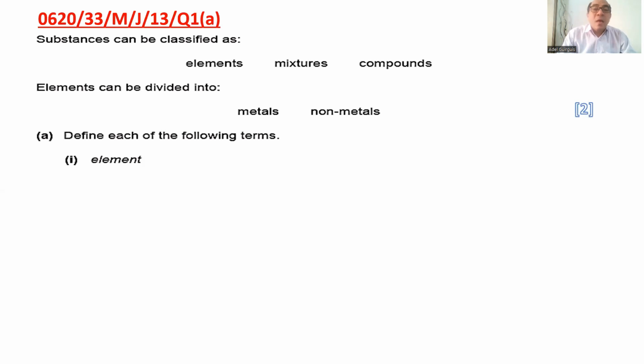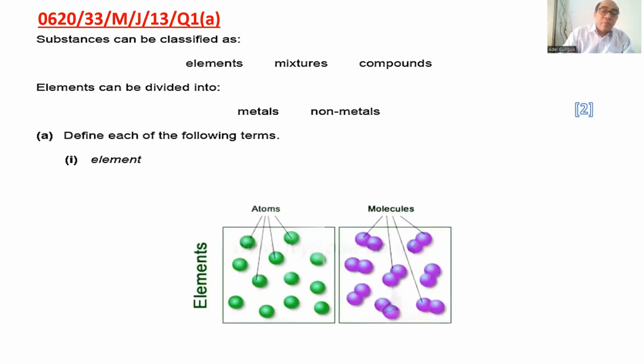Element. As you know, here we have two figures, figure 1 and figure 2. Figure 1 represents monoatomic molecules. It is a pure substance made only of one type of atom, here colored with green. While in the other picture, the molecules are of a different substance, but each molecule contains two atoms.